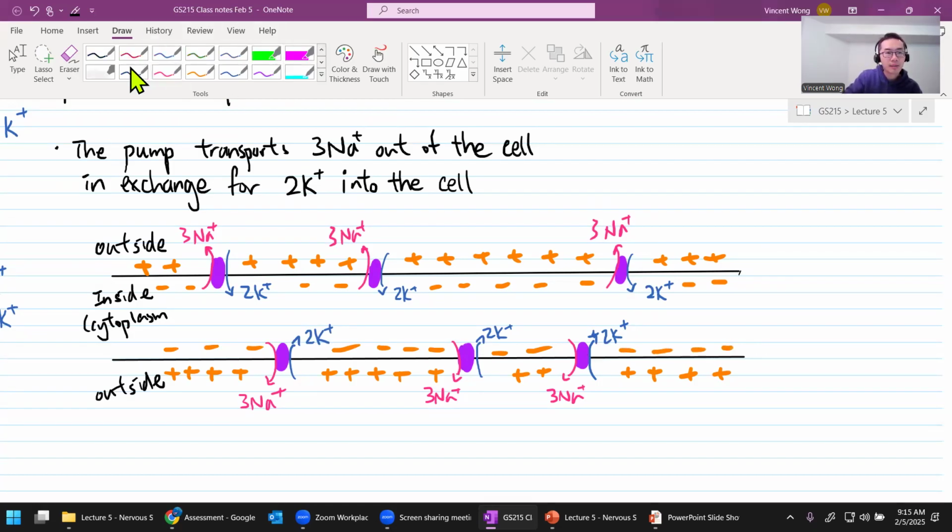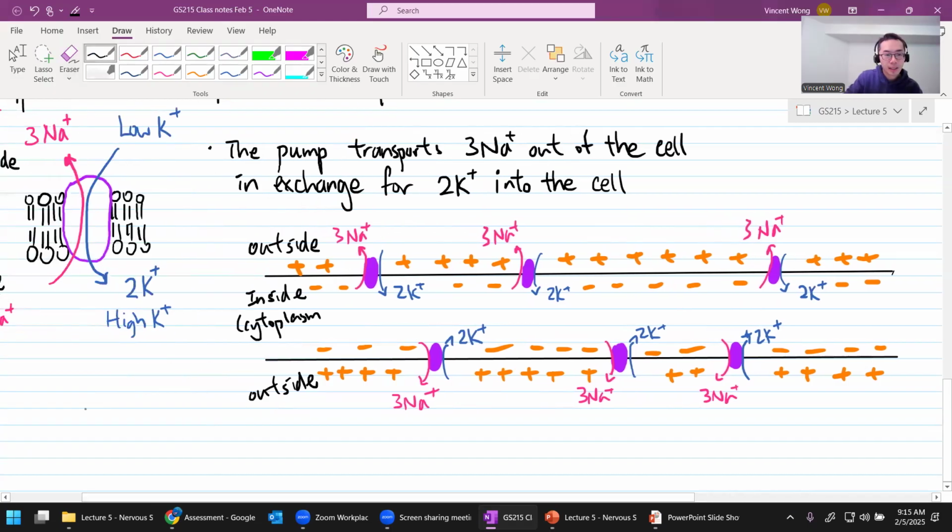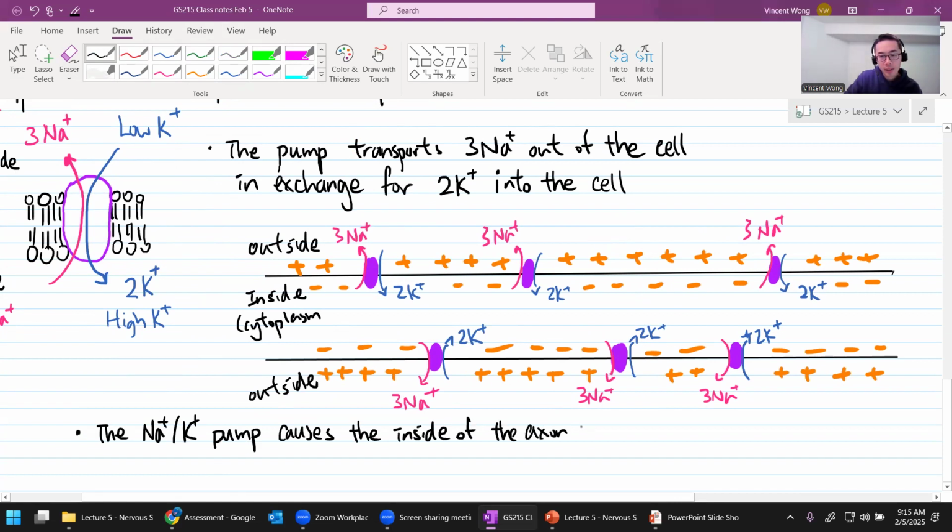I'm going to write this down for you. The sodium potassium pump causes the inside of the axon to be more negative relative to the outside.